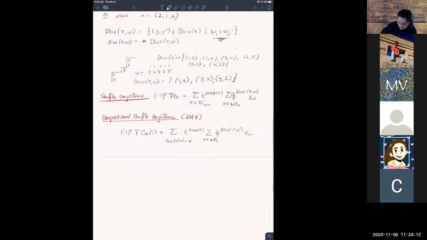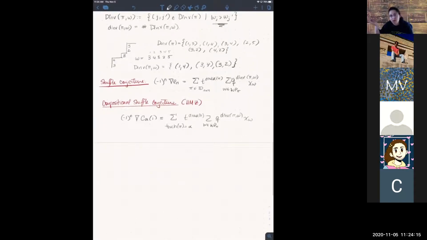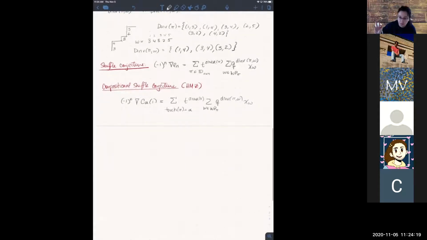So where does this statement come from? I'm not going to tell you how they came up with the statement or how they proved it, because that's a whole different paper, which I recommend you read. It's fantastic. But essentially the idea behind this statement is that they showed that these operators, again, C alphas, whatever they are, I'll tell you about them, when you sum over compositions of size n, give you precisely e_n of X, right?